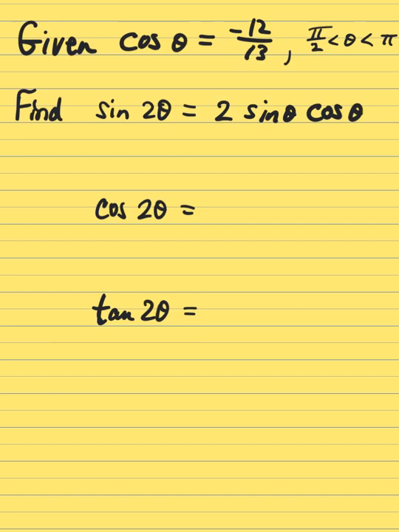Now let's take the information given. Cosine is -12/13. I'm not going to worry about drawing it to scale. I'm just going to draw a triangle in quadrant 2.